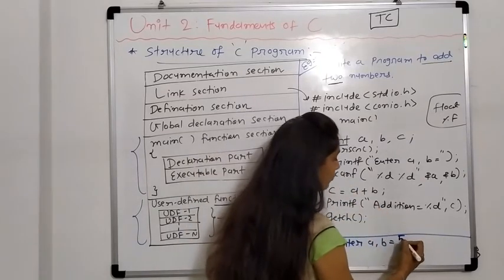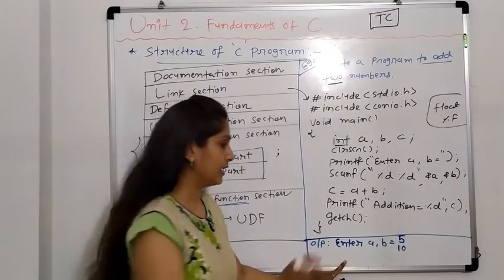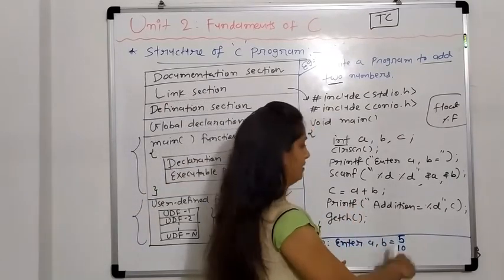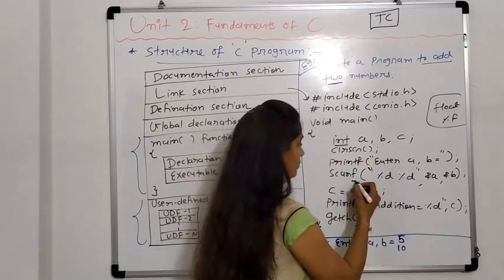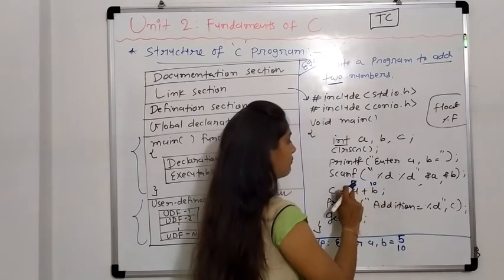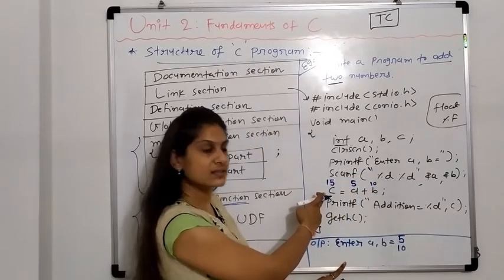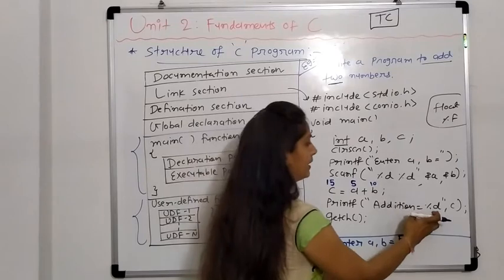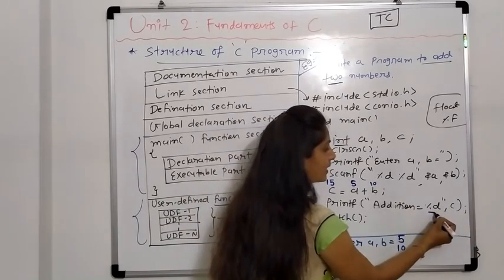Here the cursor is there, and you have to input two values. Suppose I input 5 and 10. 5, then press enter, and the second value, that is 10. So here a has the value 5, b has the value 10. So 5 plus 10, that is 15, will be stored in c, and that value will be printed here, because here I am writing c, and c is of integer category.